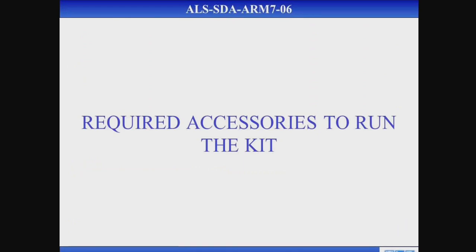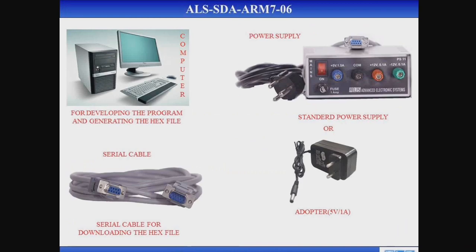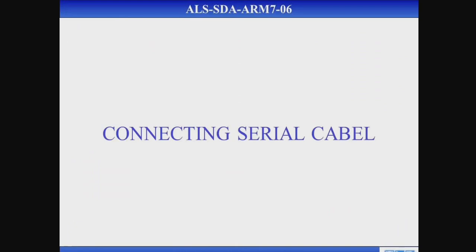Now let us see the required accessories to run the kit. First, for developing the program and generating the hex file we require a computer. Next, a serial cable for downloading the hex file, and a standard power supply or an adapter of 5 volts, 1 ampere. Now let us see how to connect the serial cable.